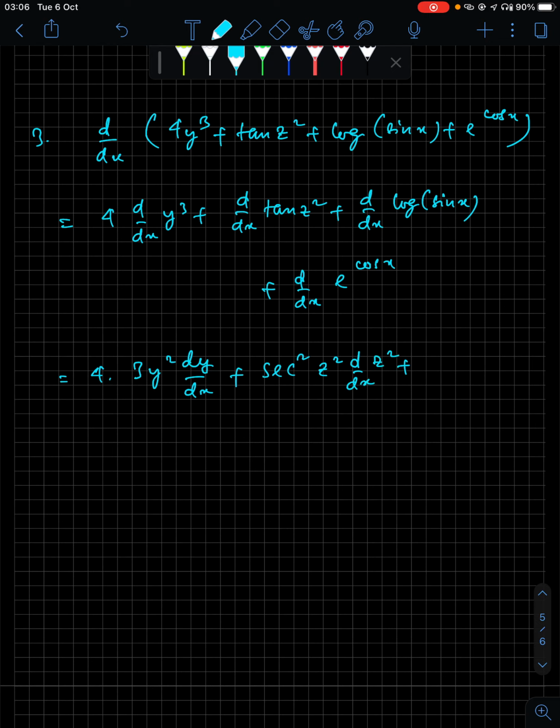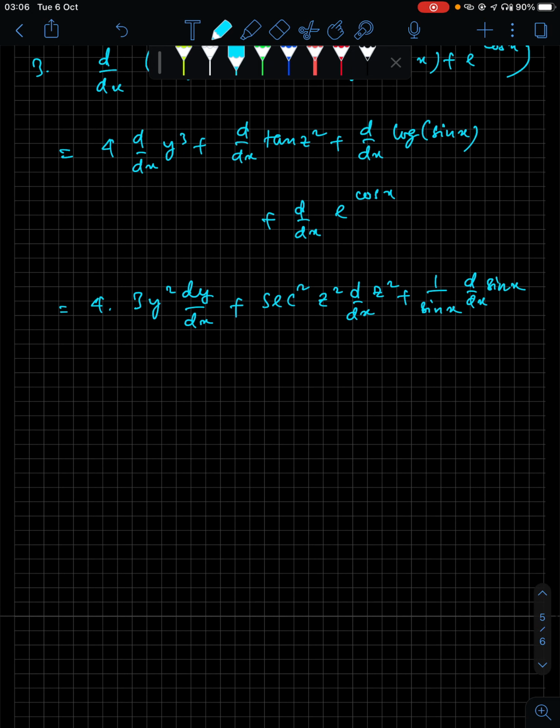All right. d/dx of log u is 1 by u. So u is sin x here. So d/dx of log sin x will get you 1 by sin x, again d/dx of sin x, plus d/dx of e to the power u will get you e to the power u d/dx of u.